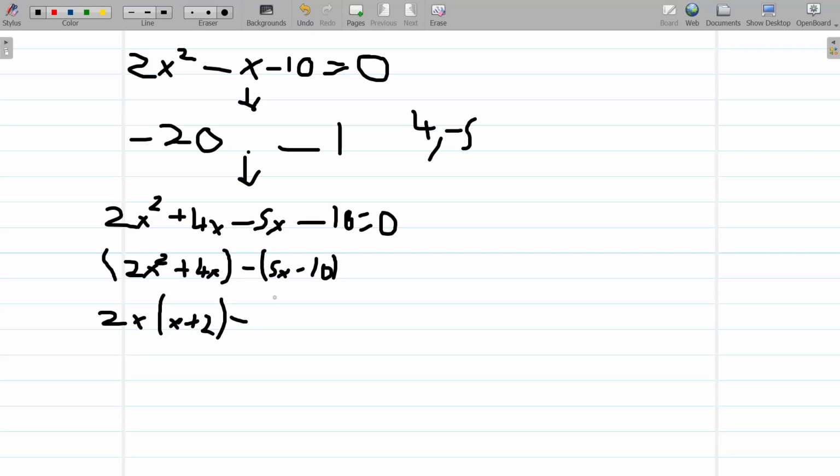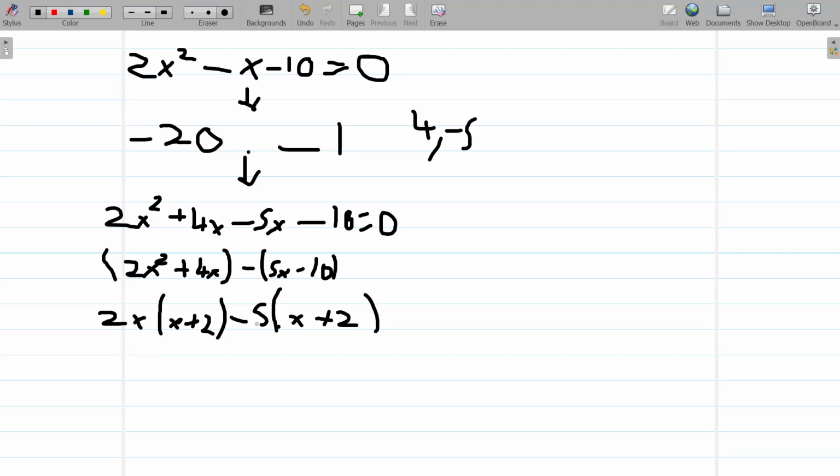And then minus, and then what can we take out of this one? The most we could take out is 5. So minus 5, then inside we'd have just x, because 5x divided by 5 is just x, and then plus 2, because minus 10 divided by minus 5 gives us -2.